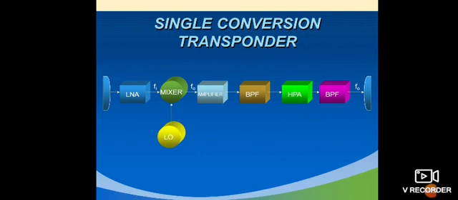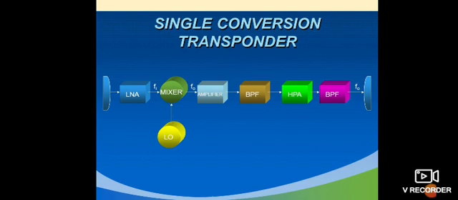In order to maintain the high power ranges, we use the high power amplifier, which increases the power levels of the downlink signal frequencies. So the signals are amplified by the high power amplifier by increasing their power levels.